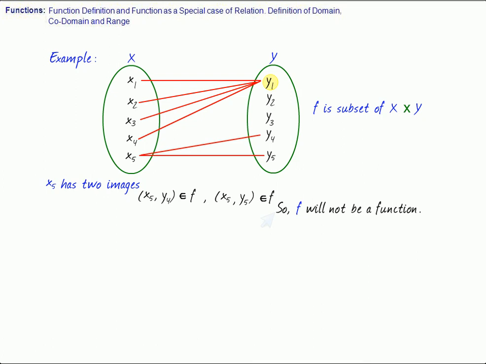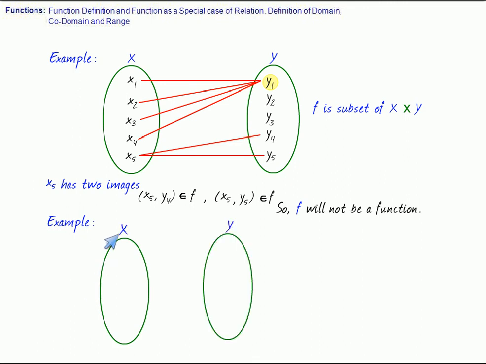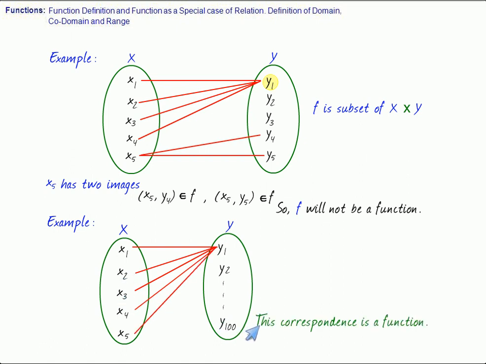We take another example here: x1, x2, x3, x4, x5 and y1, y2, y100, and suppose all elements go to y1 only. This correspondence is a function because both the conditions are satisfied. There is an ordered pair beginning with every element of capital X, and two different ordered pairs do not have the same first entry.